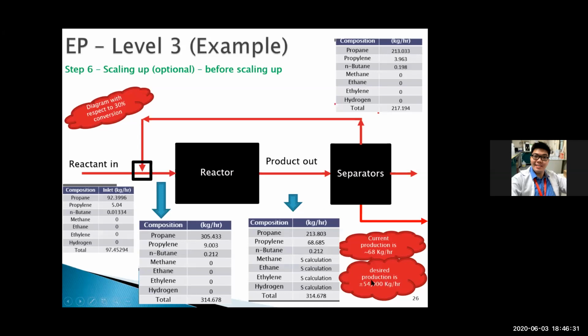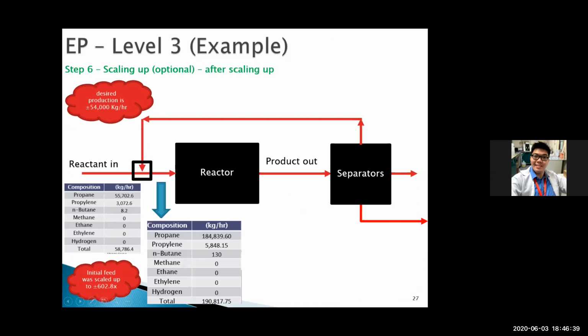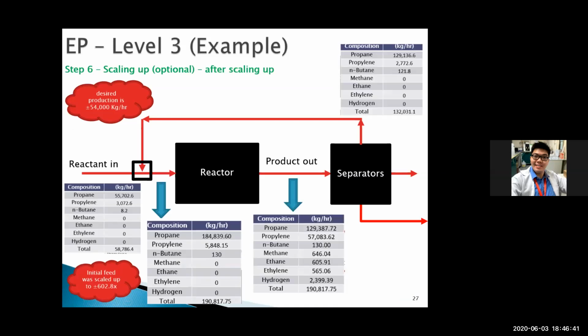To get to 54,000 kg per hour from 64 kg per hour, my scaling up ratio is about 602.8 times of the 100 kg per hour that I started off with. So basically, you just multiply it and try again on the mass balance just to make sure that it is balanced.